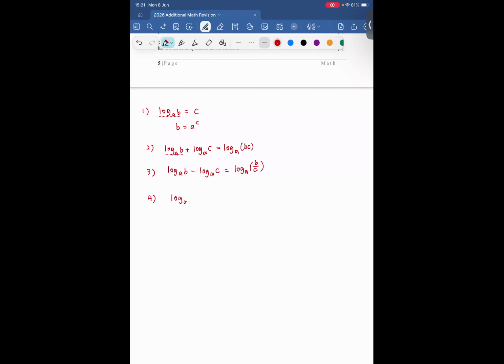Log base A of B power C. The C can bring down, become multiplied. And of course, we have log base A of A equals to 1. We also know that lg x means log base 10 of x. Ln x means log base e of x. Okay, so this is what we will have.